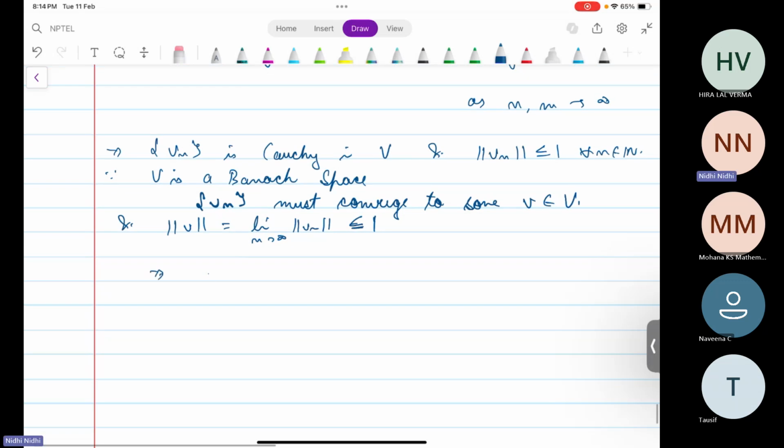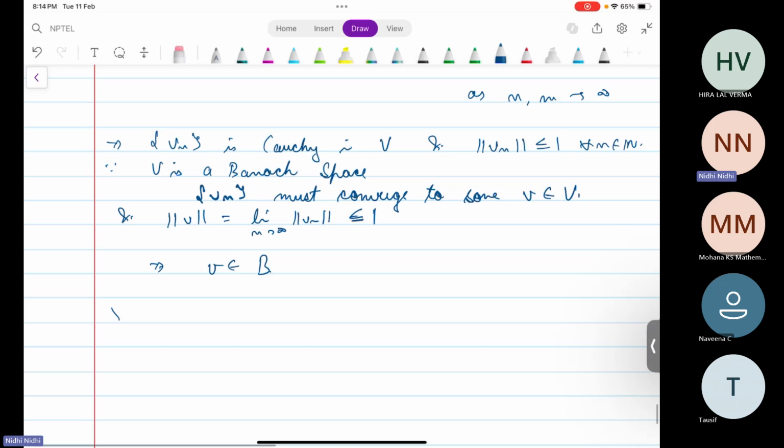This implies V is in B and norm Vn minus V tends to 0 as n tends to infinity.